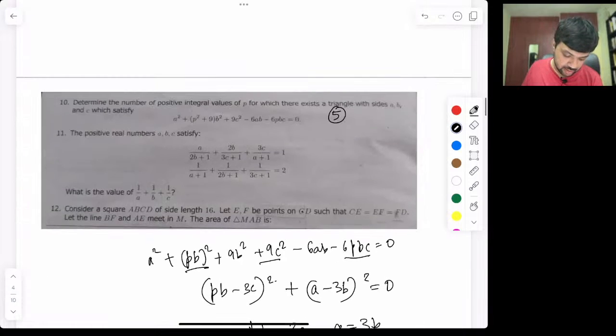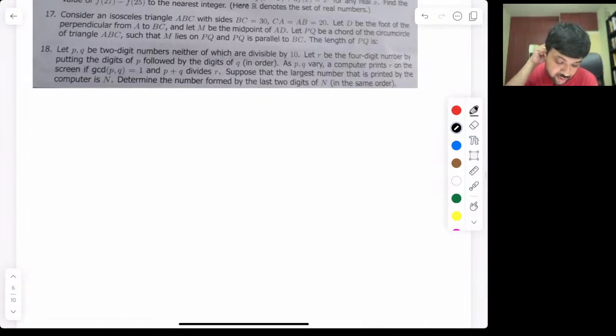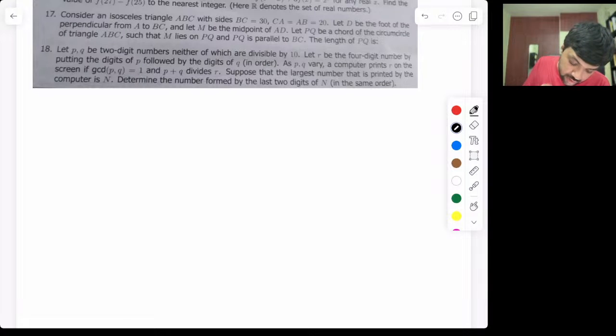All right. So maybe I'll do 18 because Ranjana is asking. Let P and Q be 2-digit numbers, neither of which is divisible by 10. Let R be the 4-digit number formed by putting the digits of P followed by the digits of Q in order. As P and Q vary, a computer prints. So wait a minute. P and Q, neither of which is divisible by 10.